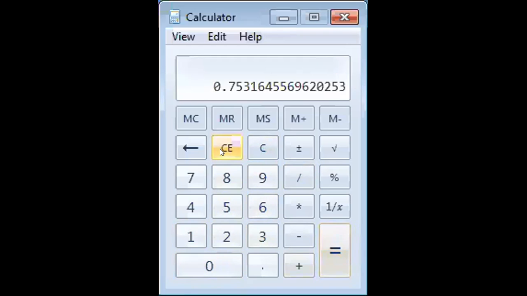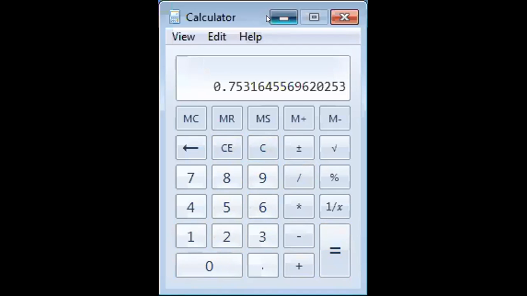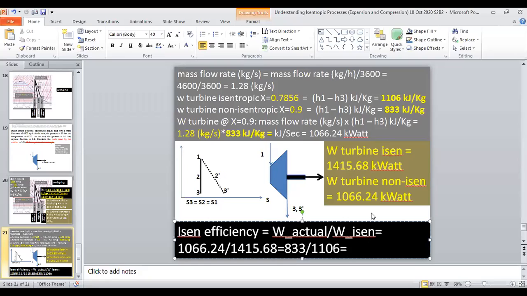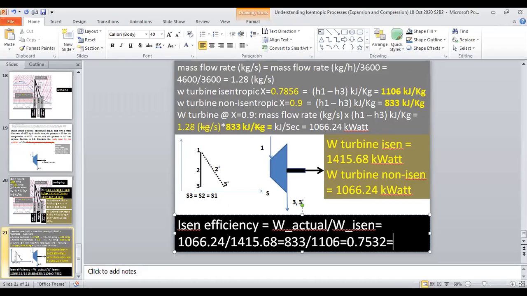Yeah, 0.7531. Okay. 0.7532, let's say. This is 75.3%, 75.32%.